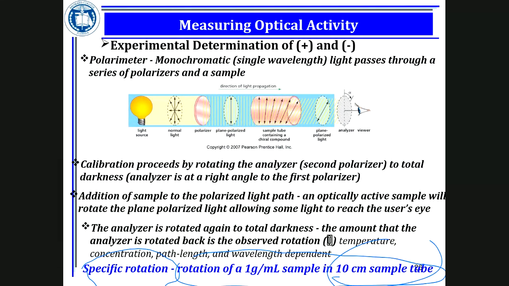If your sample tube is 1 decimeter or 10 centimeters, then that gives you the definition for a specific rotation. So we could see that a specific rotation is going to be affected by the mass of the sample that you are dissolving, the volume of the solvent that you are using, and the size of the sample tube that you are using.